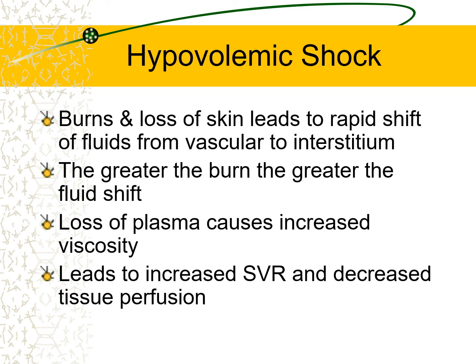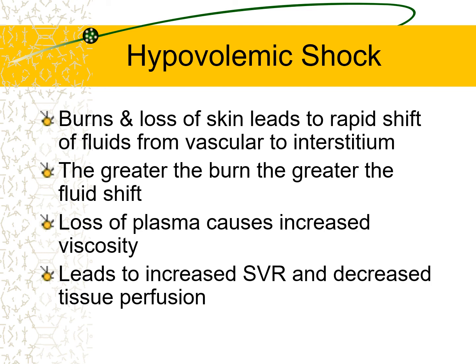And in major burns and the loss of skin, there is a rapid shift of fluids from the intravascular space to the interstitial space, into the tissues. There's this massive fluid shift that occurs with major burns. And that loss of the liquid portion of the blood, or plasma, causes an increase in viscosity of the blood.